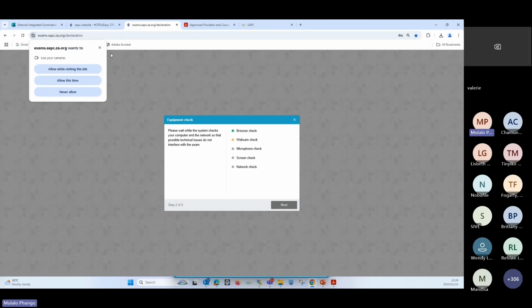Because if you don't allow them, there is no problem with the system. There is a problem with the settings of your computer. That is why it's important for you to practice at your own free will before the practice exam day, to avoid further delays. So the system will do as it's doing now. I'm sure you are all able to see that it's conducting its own web check.